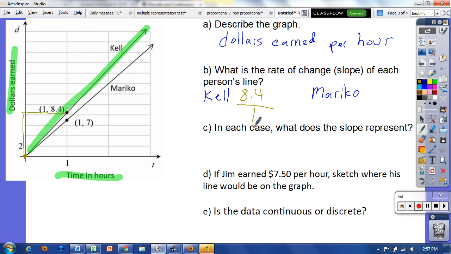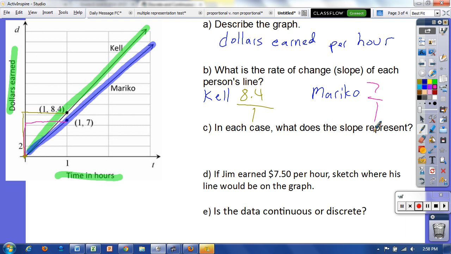So 8.4 over 1. And then for Mariko, this is the line for Mariko, and I would rise to 7 and over 1. So 7 over 1.